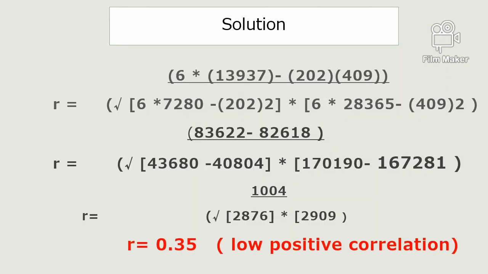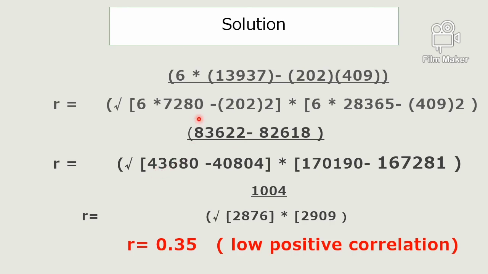So how do we get the 0.35? Using the formula of the correlation. Let's go back to the formula of the Pearson r. You just substitute the values of the summations. Then you divide by the square root; multiply first, 6 times the sums, and after that subtract.